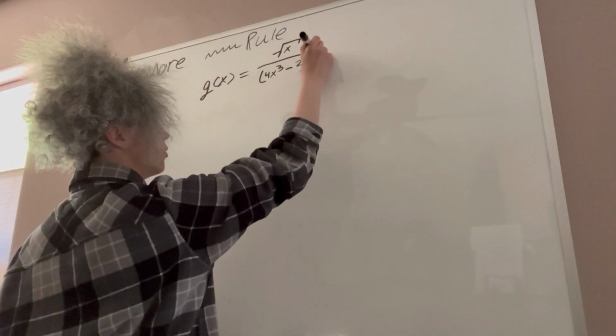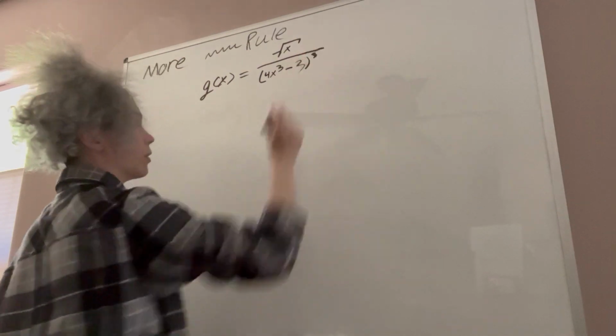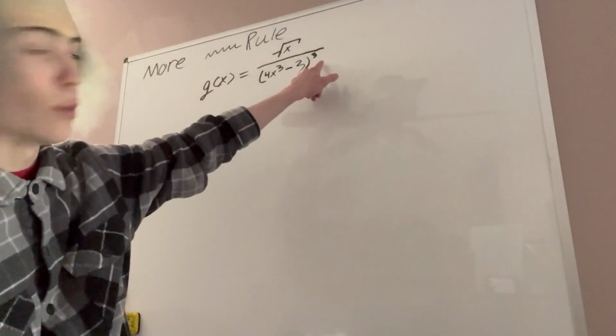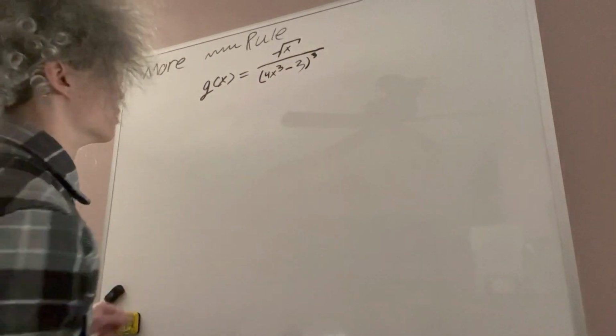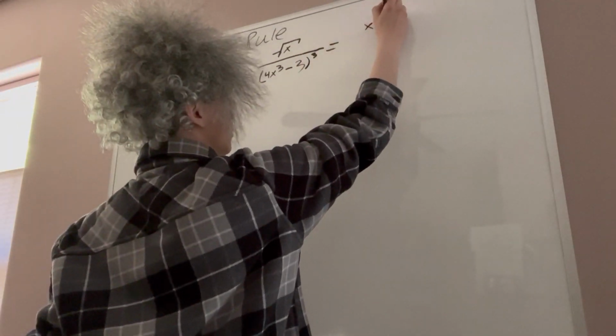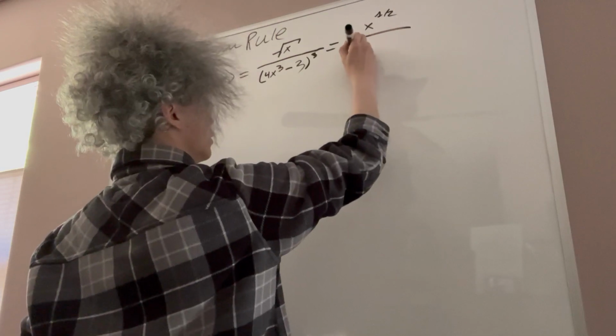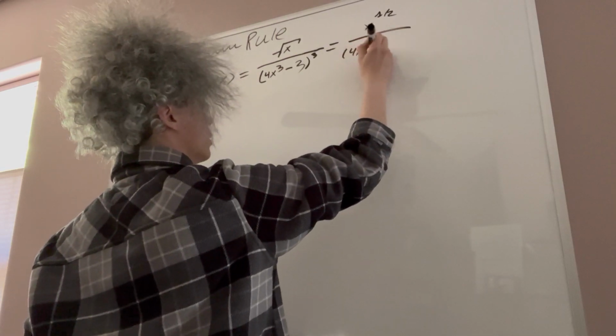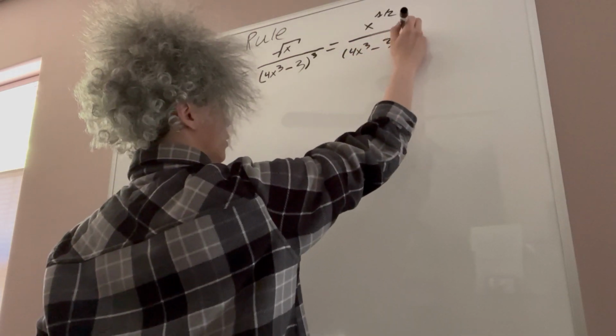And all of that to the third power. That is to the third power, by the way, if you can't see that. Okay, I'm going to rewrite this as x to the 1/2 over (4x cubed minus 3) cubed.